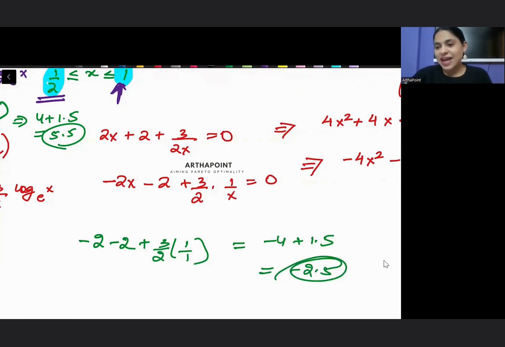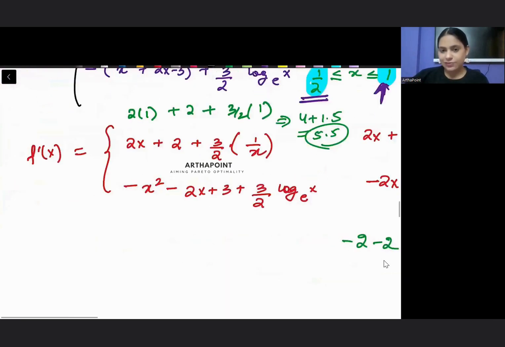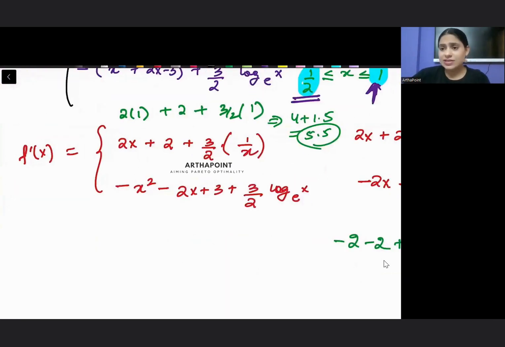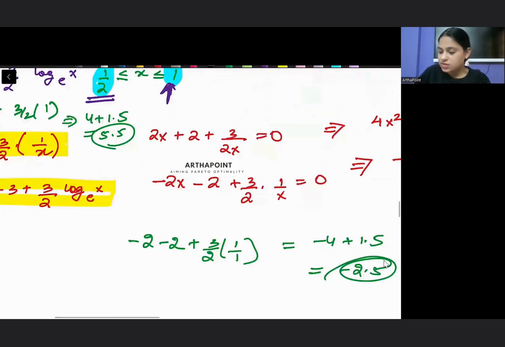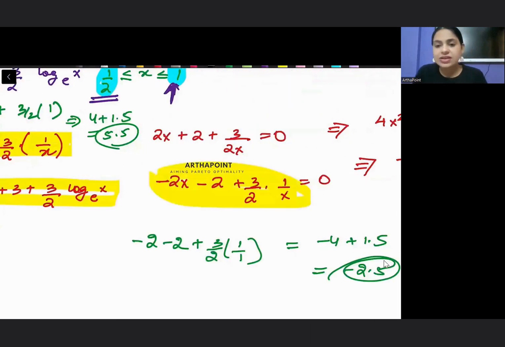So the derivative does not exist at 1, because the right hand derivative and the left hand derivative are not equal, right? When I evaluate the derivative at 1 from this side and from that side, I am not getting the same answer.